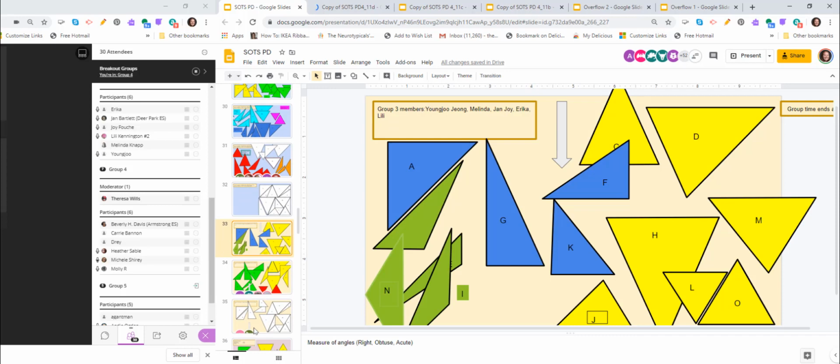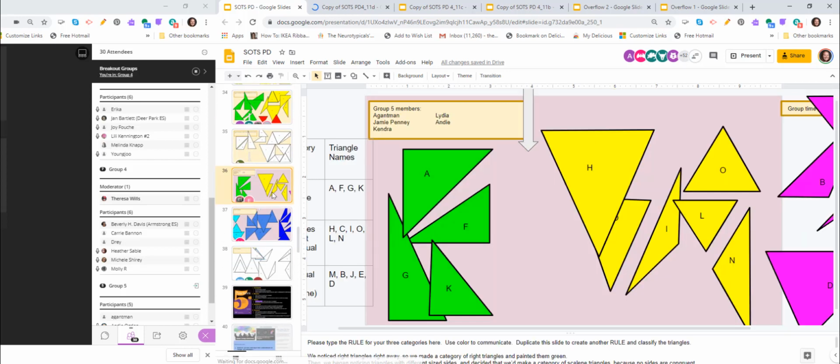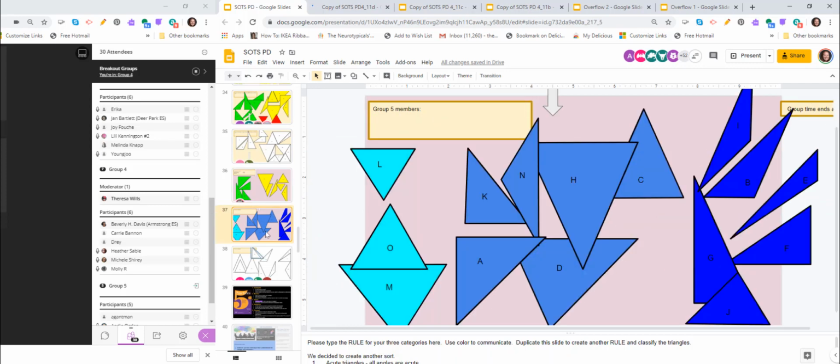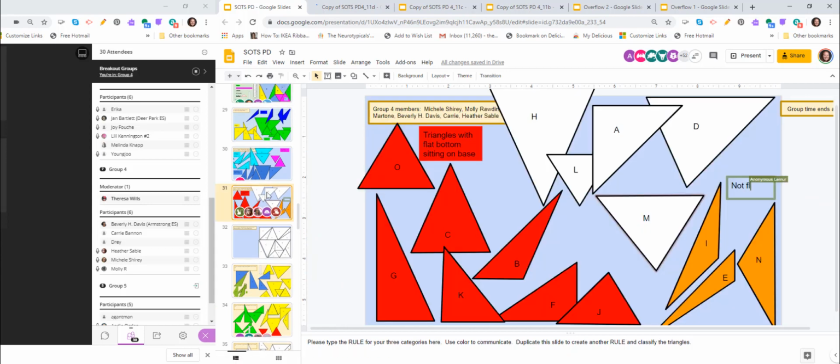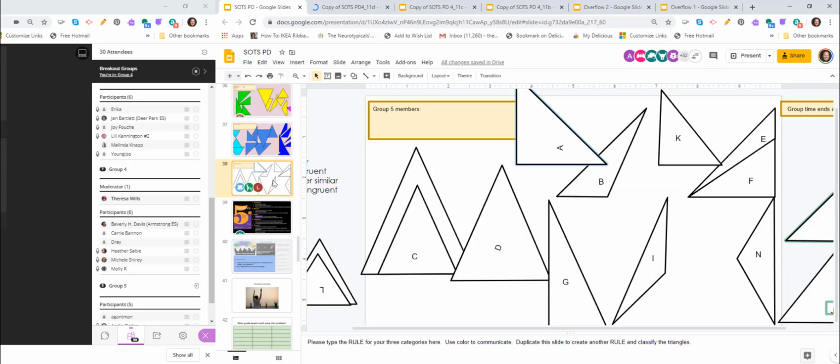Triangles with flat bottom. So this other category is a flat top, but there could be some, it seems like.